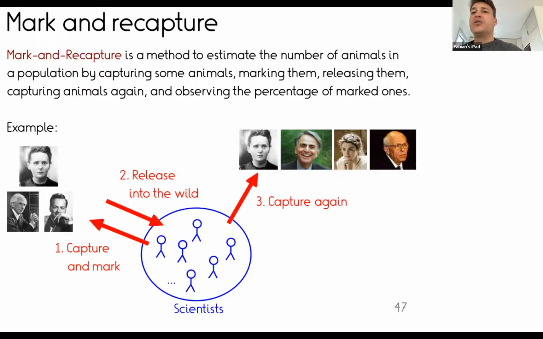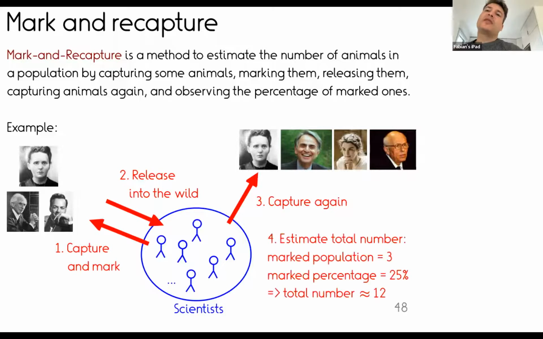So Marie Curie, we captured already last time, but there are new scientists this time, which is Carl Sagan, Hypatia, and Andrei Sakharov. And then you would say, so in our second sample, 1/4 of the scientists was marked. So you assume that the ratio of marked scientists in the real world is 1/4. Since you marked 3 scientists, you would deduce that there are 12 in total.